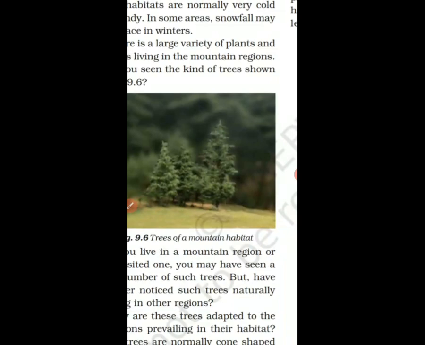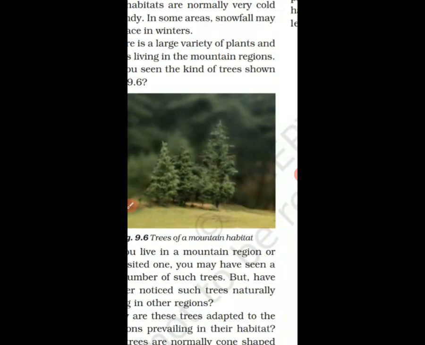The leaves of some trees are needle-like. This helps the rainwater and snow to slide off easily. There could be trees with shapes very different from this that are also present on mountains. They may have different kinds of adaptations to survive on the mountains. So this was about the trees in the mountain region.